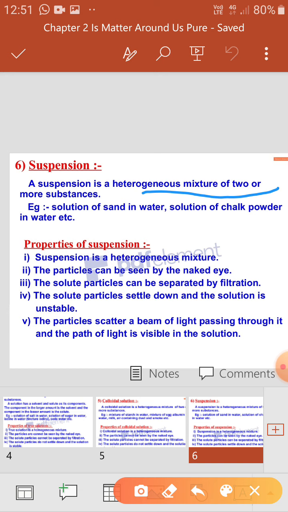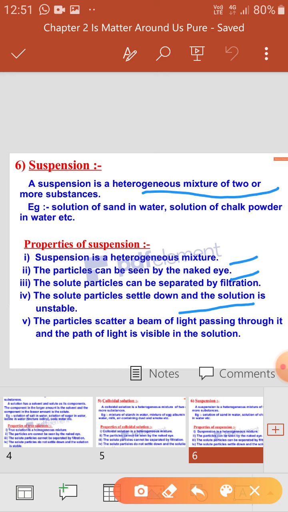So what are the properties of a suspension? A suspension is a heterogeneous mixture. Particles can be seen by naked eyes. When you mix chalk powder into water, you can see the particles of chalk with your naked eyes. The solute particles can be separated by filtration. The solute particles settle down and the solution is unstable.